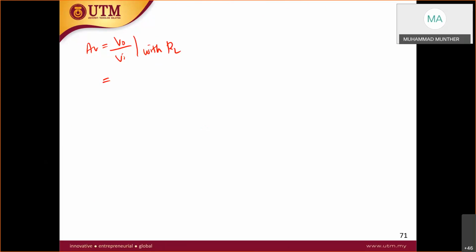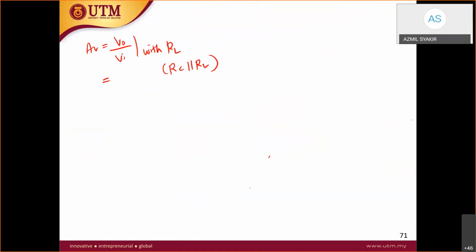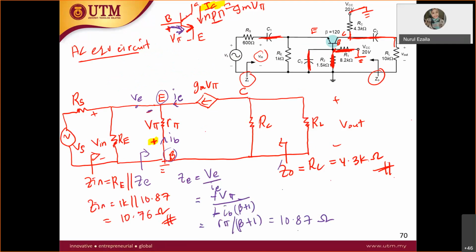So in here, the resistor is RC parallel with RL. How about the current? Negative GM V pi. Okay, opposite direction. Let's take a look at the V in.